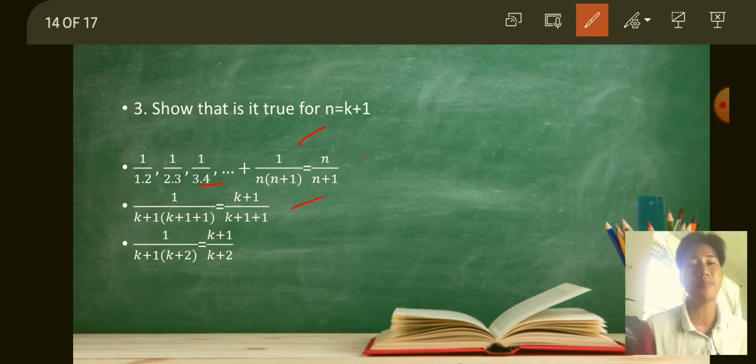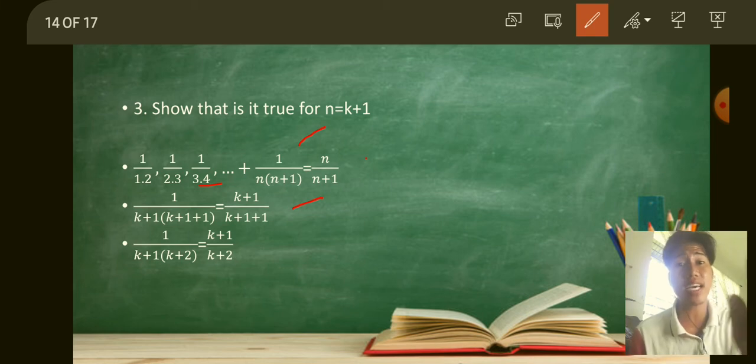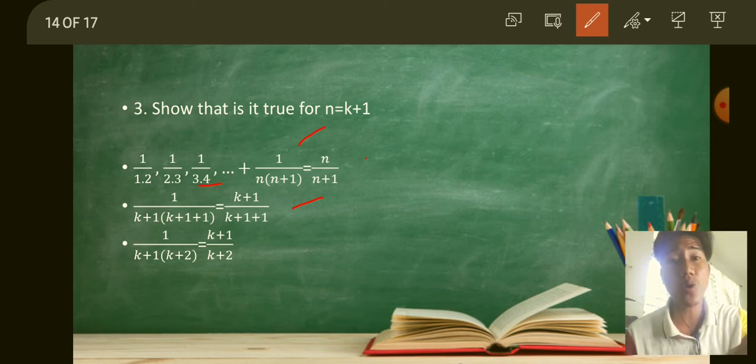So we simplify that one. It will become 1 over k plus 1 times k plus 2, equal to k plus 1 over k plus 2, because 1 plus 1 is 2.